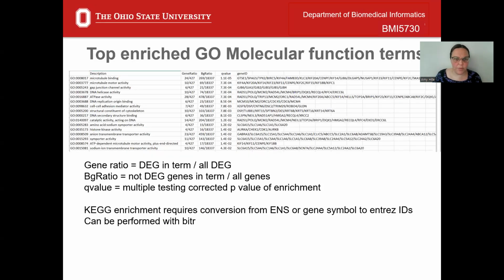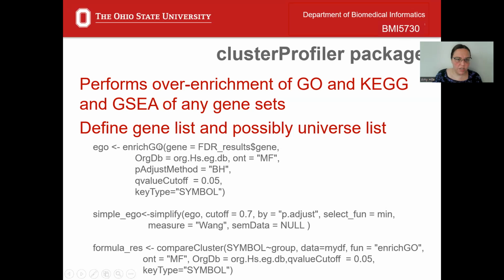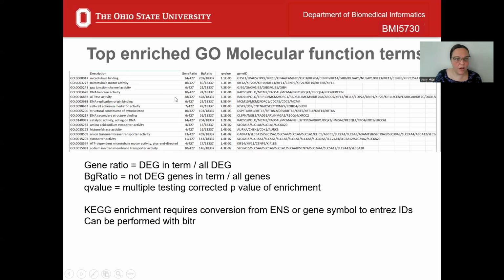This is the output of our enrichGO function. This is what the output would look like. So it tells us all of these molecular function terms. It tells us the gene ratio. So how many differentially expressed genes did we find belonging to the term compared to all of our differentially expressed genes?